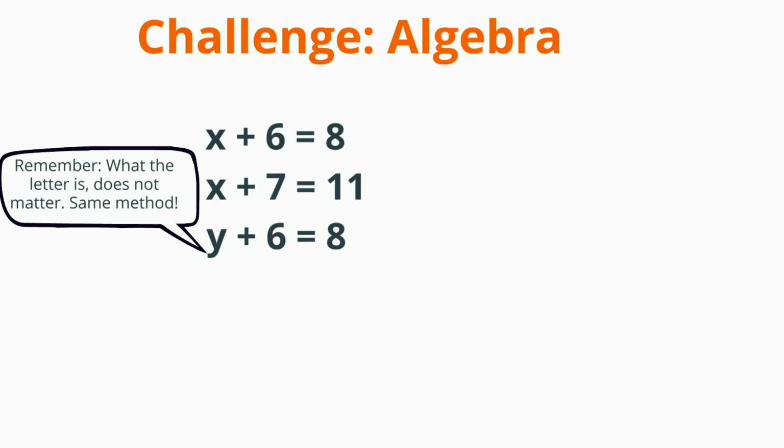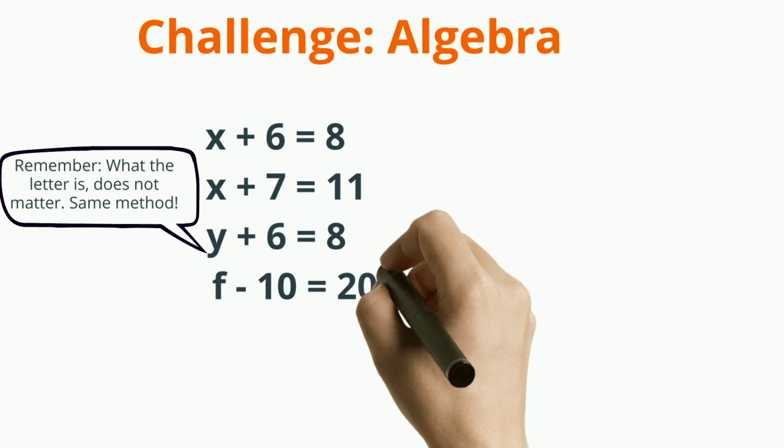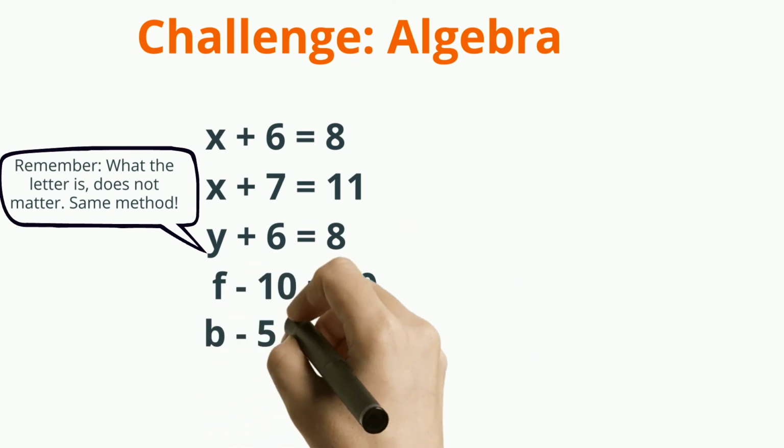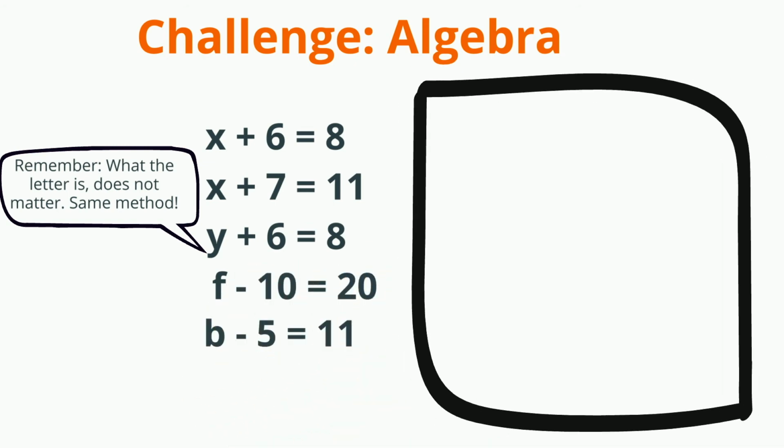You're just looking for a missing value. The letters are just placeholders. Our fourth question is f minus 10 equals 20. B minus 5 equals 11. If you quickly try and work some of those out with just the key basics, saying something plus 6 equals 8.